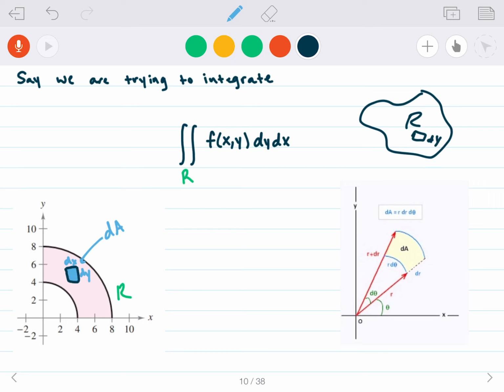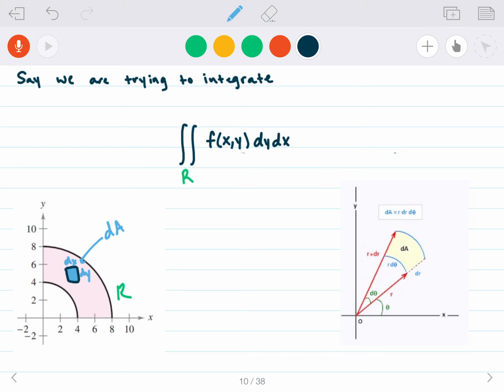So the rectangles had dy dx as the dimensions. And we multiplied the area of the rectangle by the height, and the height corresponded to the function being evaluated at x and y. What we got was a volume. And we added up all of those volumes to get the volume of the figure, whatever we were trying to take the volume of.